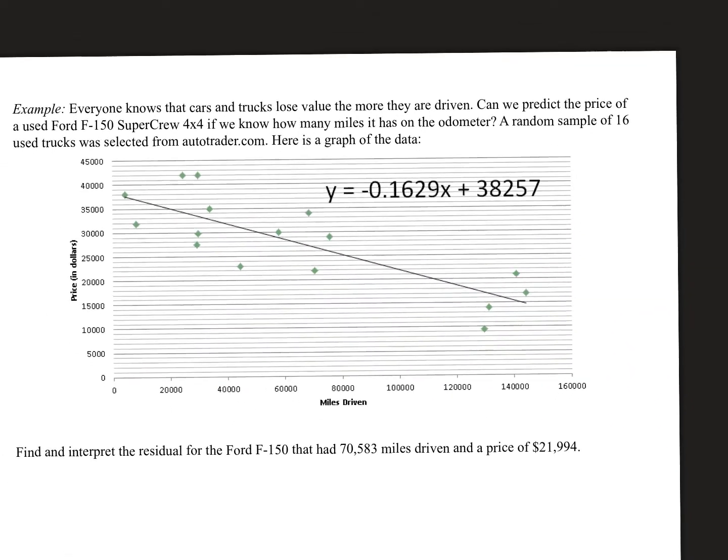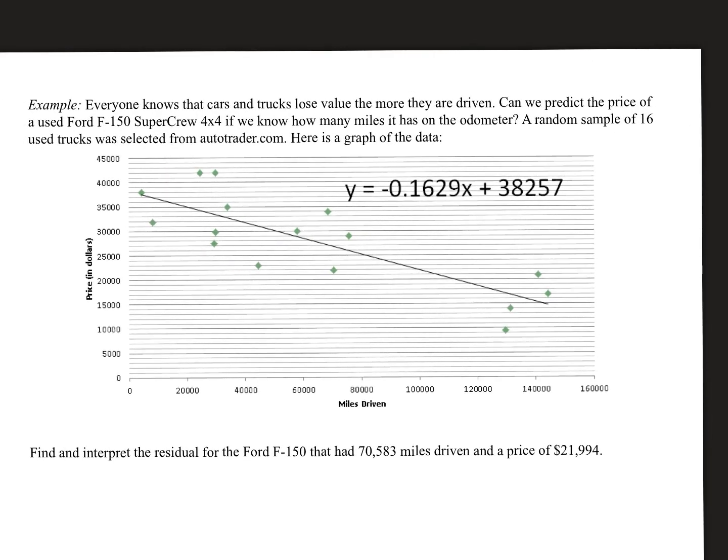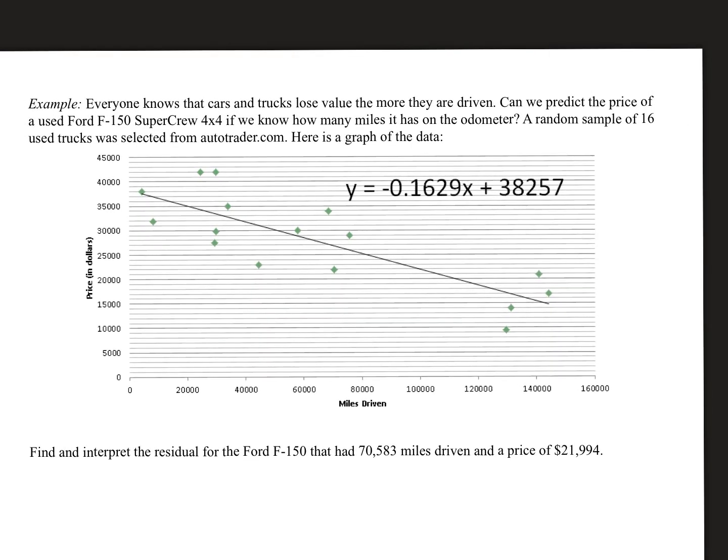So let's take a look at an example and use residuals. So everyone knows that cars and trucks lose value the more they are driven. So can we predict the price of a used Ford F-150 Super Crew 4x4 if we know how many miles it has on the odometer? A random sample of 16 used trucks was selected from autotrader.com, and here's a graph.